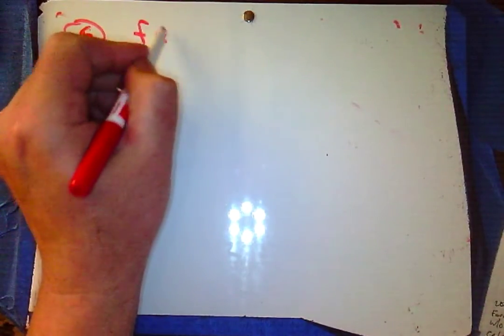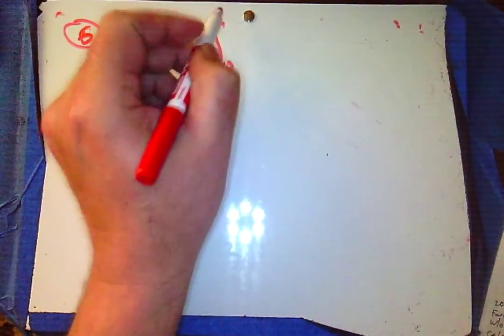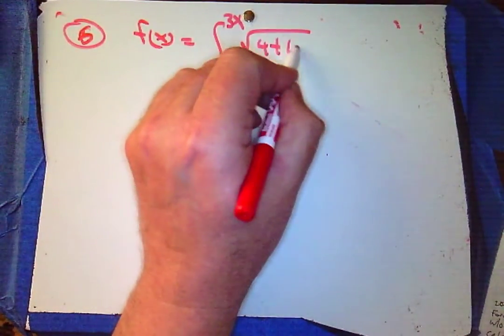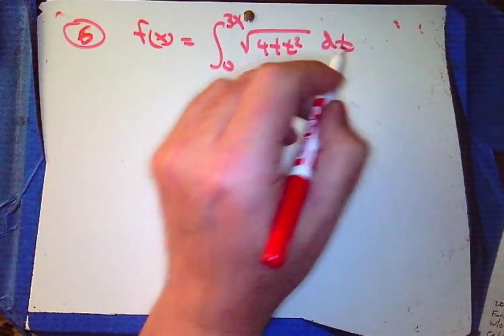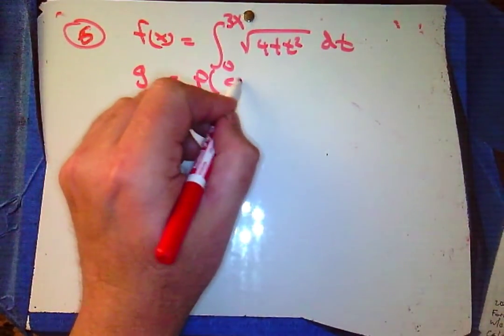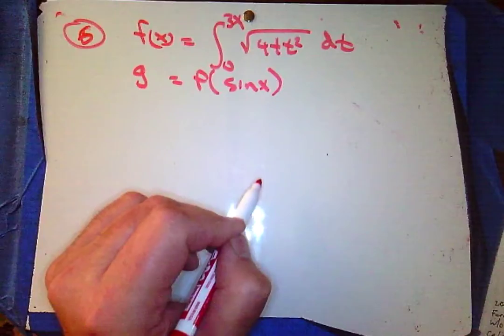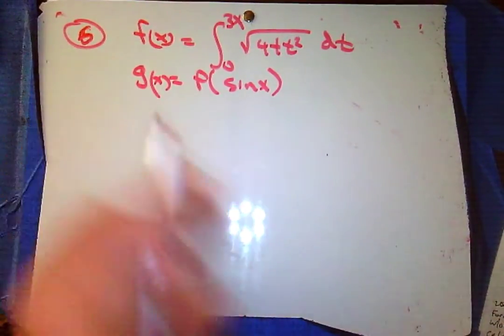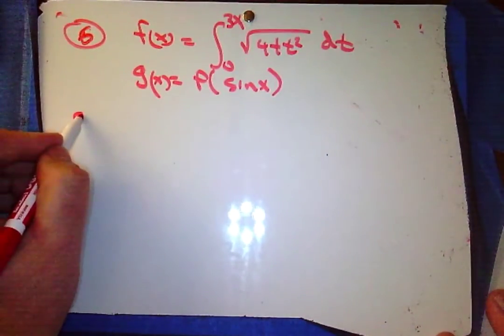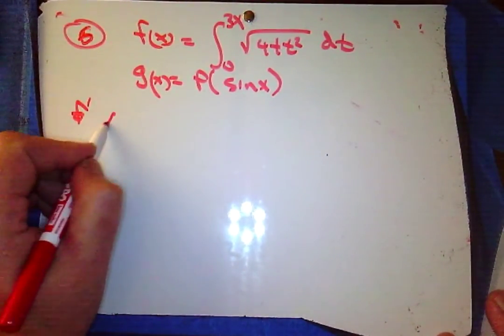All right, 6. 6 says f equals the integral from 0 to 3x of the square root of 4 plus t squared dt, and g equals f of sine x. Ew. All right, I can't wait for the mischief that comes for us now. Find f prime of x.